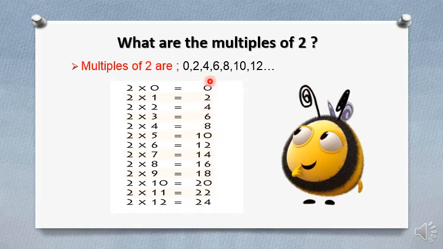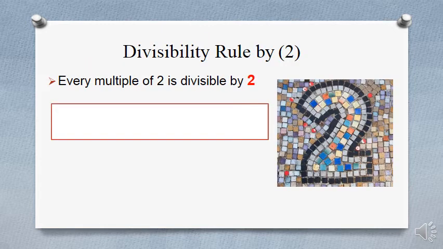These numbers are even numbers, and if you look at the ones digit or the last digit, we notice that they could be 0, 2, 4, 6, or 8. So we conclude every multiple of 2 is divisible by 2.